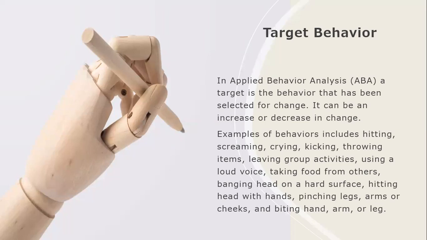So examples of the behaviors include hitting, screaming, crying, kicking, throwing items, leaving group activities, using a loud voice, taking food from others, banging the head on hard surfaces, hitting head with hands, pinching legs, arms, cheeks, biting hands, arms, or legs.